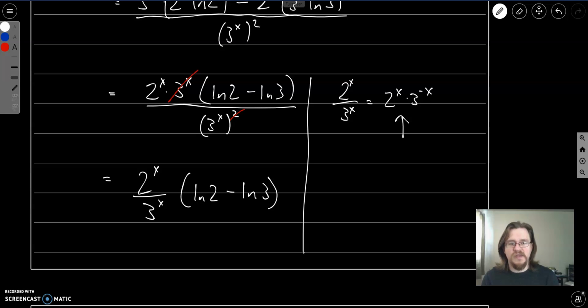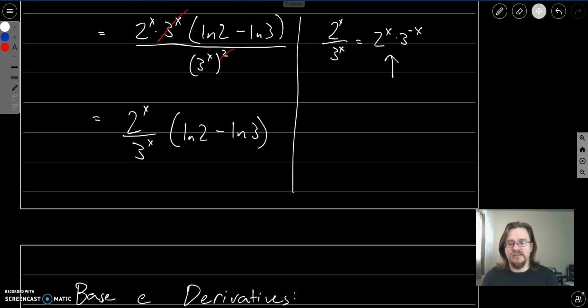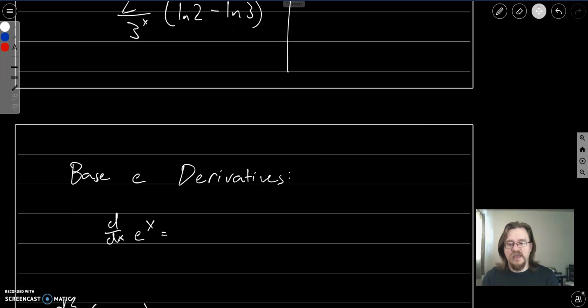So one thing that is kind of useful to notice is that whenever we take the derivative of an exponential function, we get a natural log of a number. Well, there is one number that is really easy to take the natural log of, which is e. So if I take the derivative of e to the x, just like any other exponential, I'm going to get e to the x times the natural log of e.